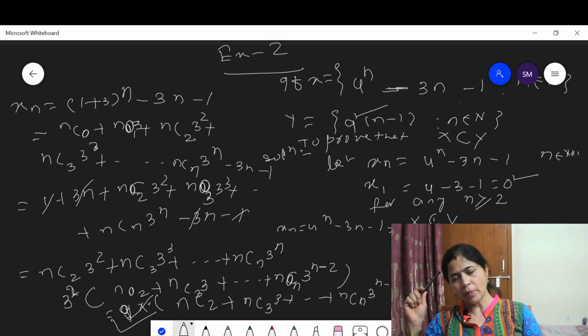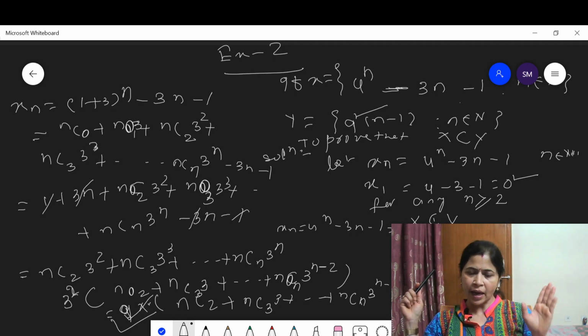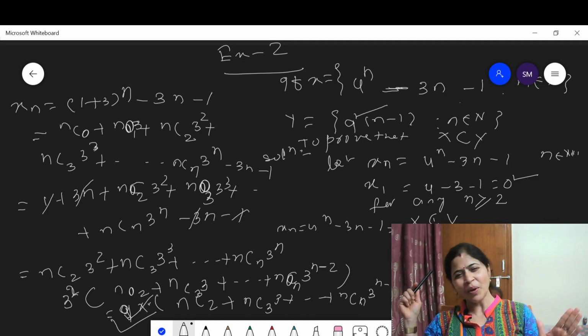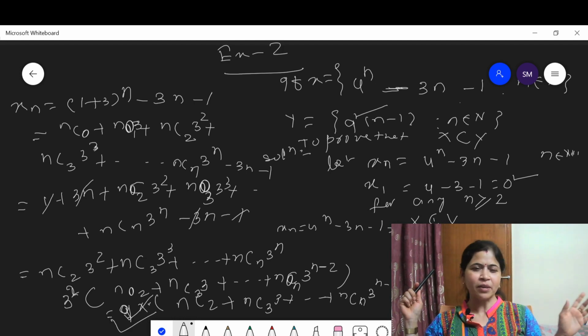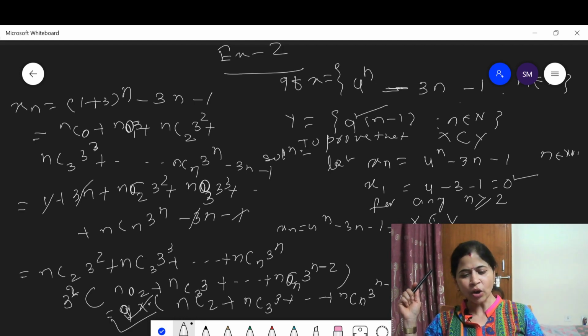Then by solving x_n, we come to the conclusion that the elements present in X are also multiples of 9. This means the elements present in X must be an element of Y. This means X is a subset of Y. Okay, clear students? If you have a doubt, please ask me in my comment box. I am ever ready to clear all your doubts.